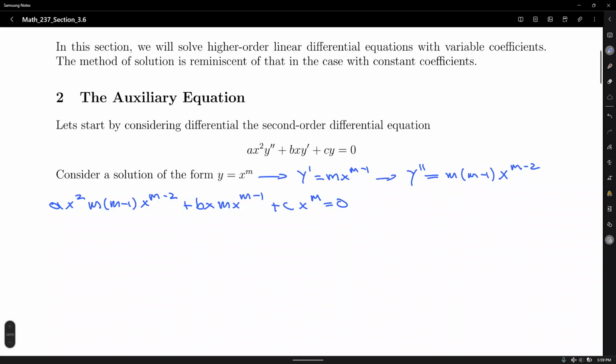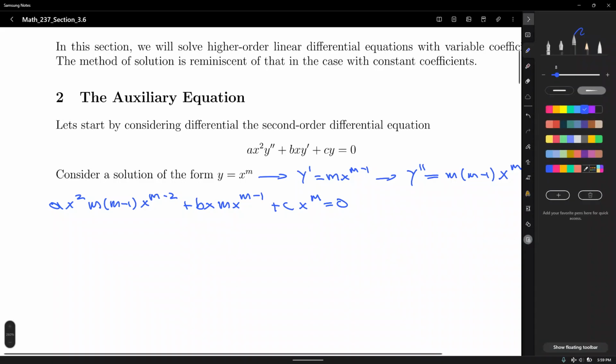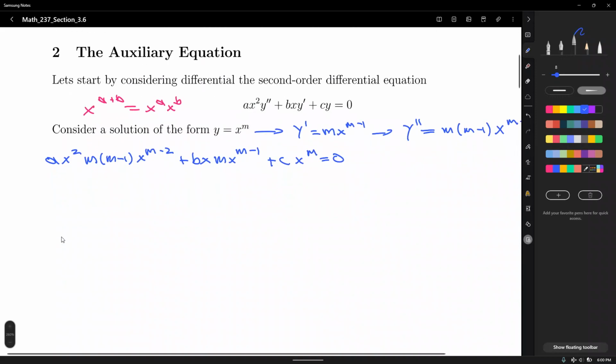Well, there's a lot going on right here, with constant coefficients, some x's, and some m's. Number one, I'm going to use the law of exponents, x to the a plus b equals x to the a times x to the b, to rewrite the x to the m minus 2 and x to the m minus 1 factors, so we can simplify.